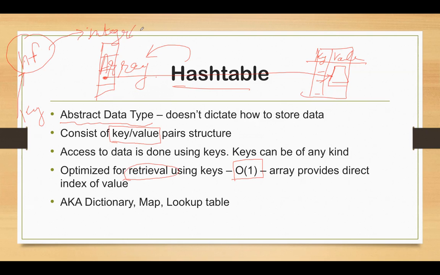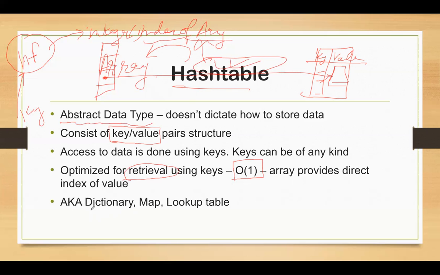This integer will be the index of the array, and at this index, our actual data gets stored. So whenever we want to pull the data, find any data from the saved ones, we'll again give the key. It will calculate the direct index at which the data is saved.